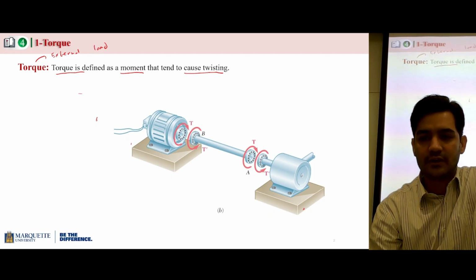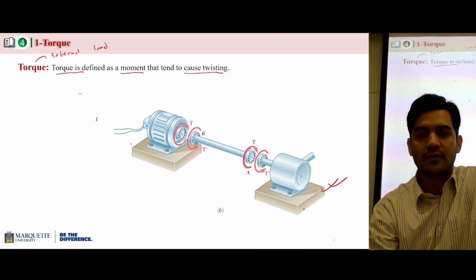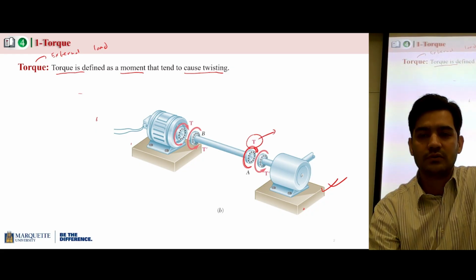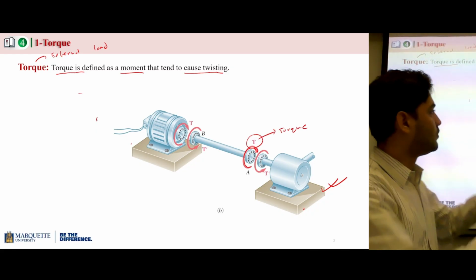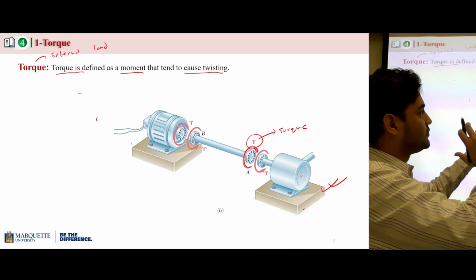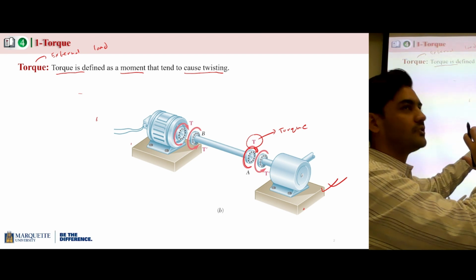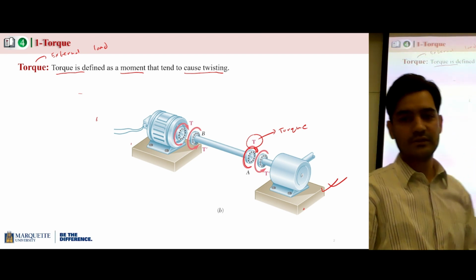So in this figure you can see that these are the applied loads. This is the torque. And what this torque is doing, you can imagine if you apply a torque, then it's going to try to change the shape in a twisting way. So it's going to try to twist this circular cylinder.